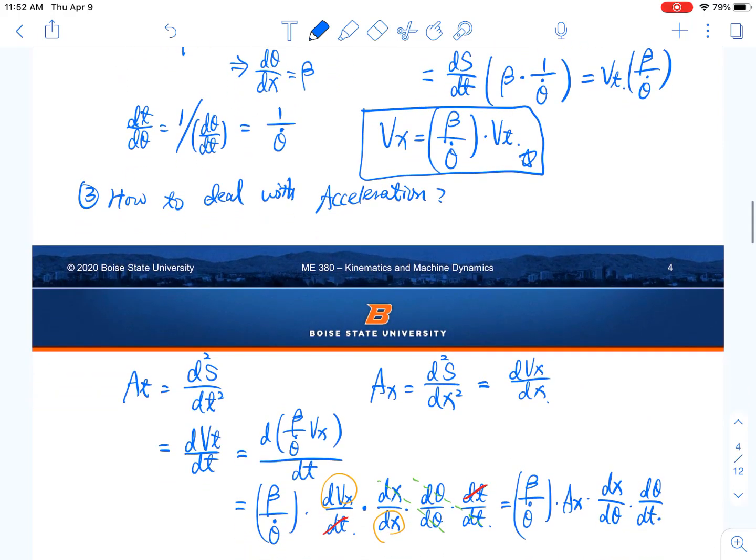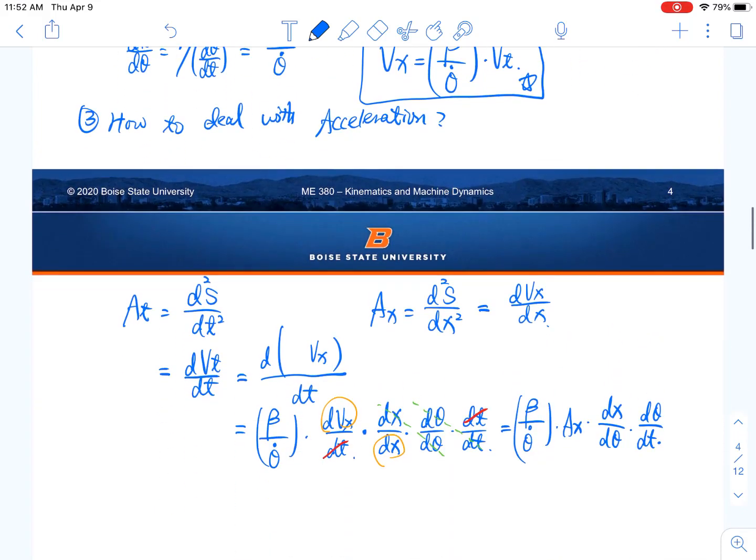Oh, I think I had something wrong here. Because we're replacing Vt by Vx, you have to actually reverse the coefficient.